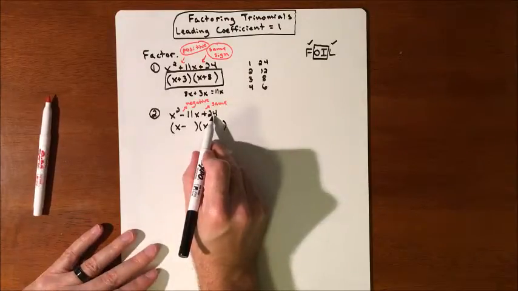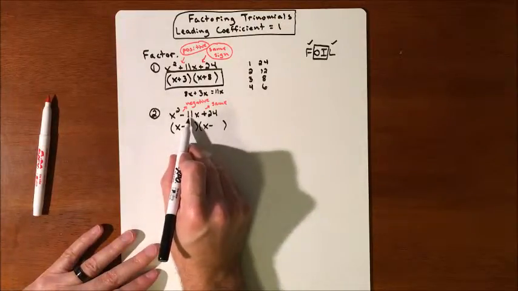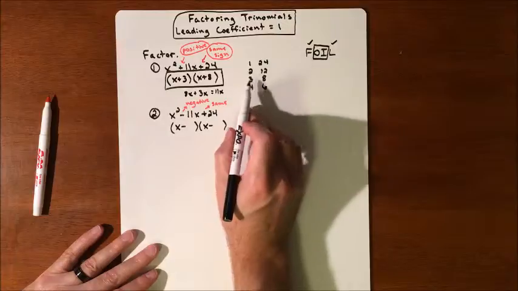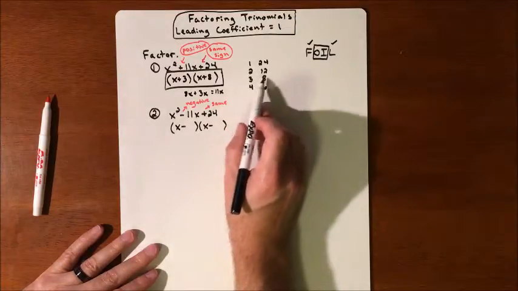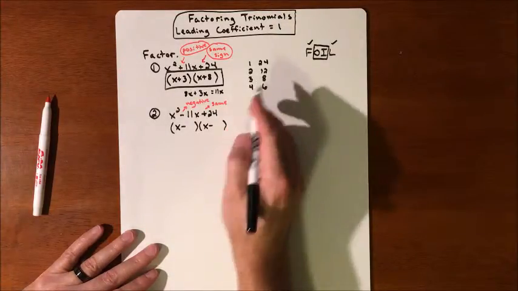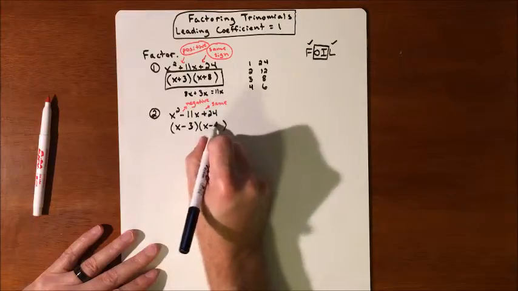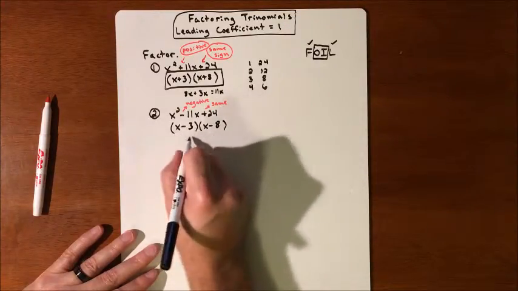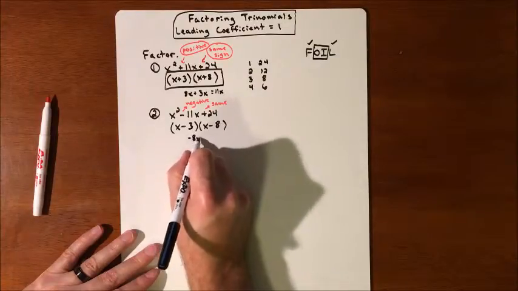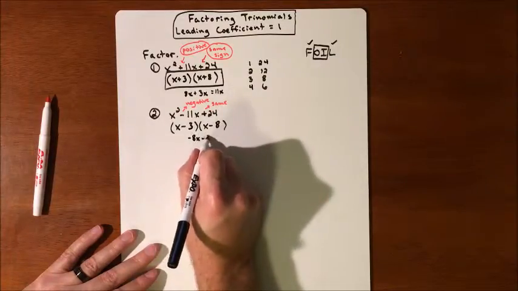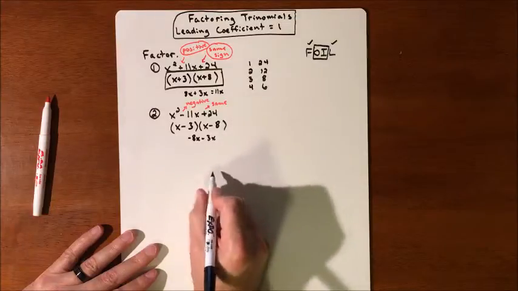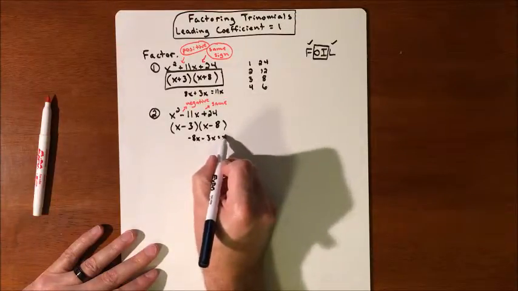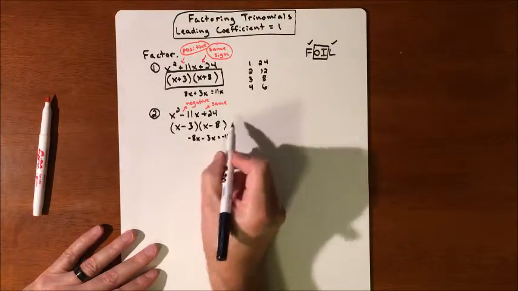We still need things that multiply to 24, and they're going to add to a negative 11. These 2 numbers still add up to 11. If we just put a negative on the front of both of them, they'll give us exactly what we need. If we multiply the outsides together, it's negative 8x. Multiply the insides together, it's negative 3x, which is going to make exactly negative 11x.